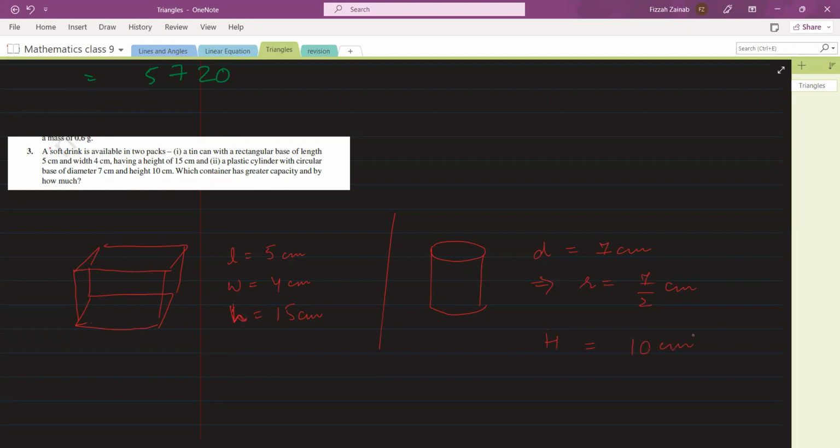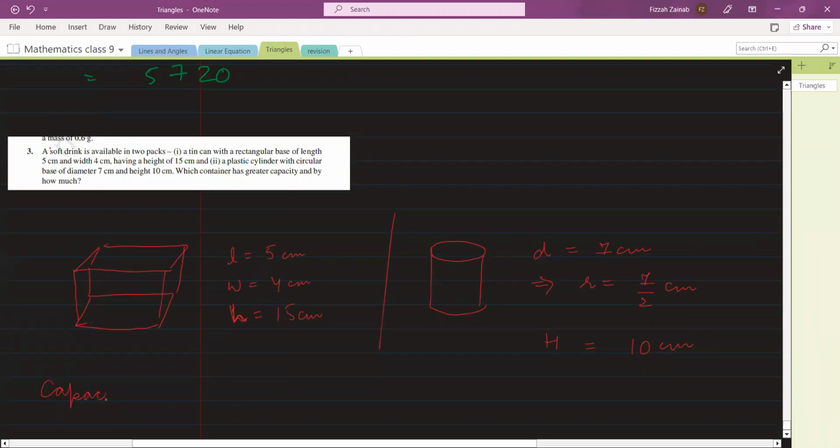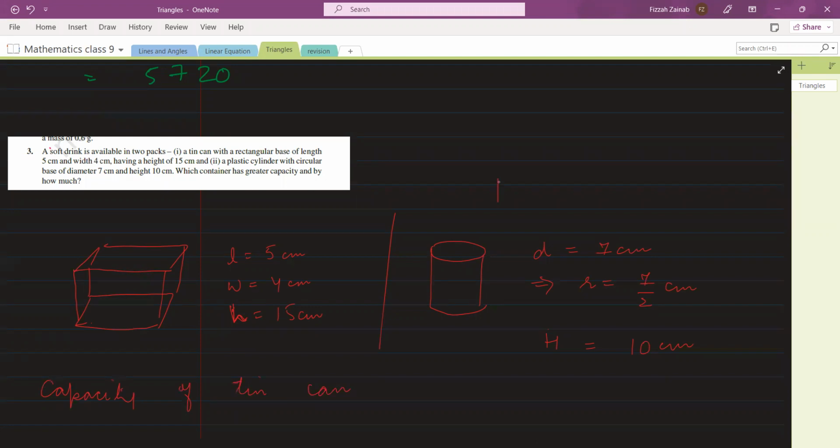Which container has greater capacity and by how much? So both volumes you will find, right? So first you find capacity of tin can. So this is of plastic and this is of tin. So we are finding capacity of tin can, which is cuboid, which is nothing but volume of cuboid.